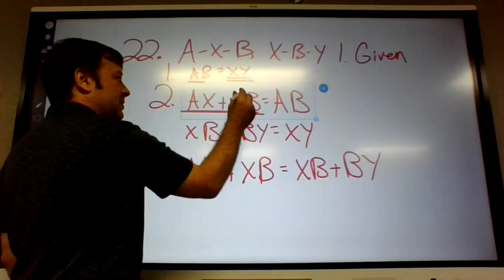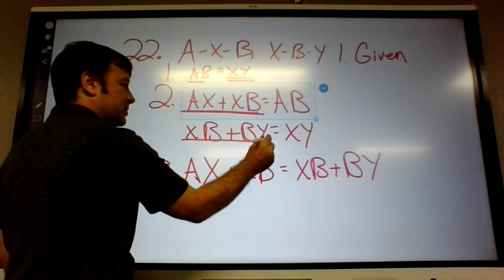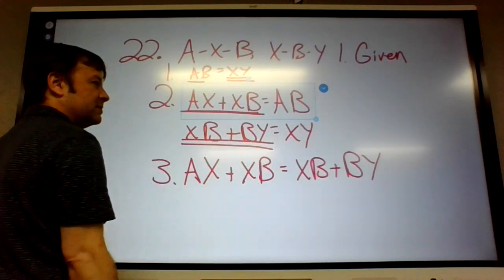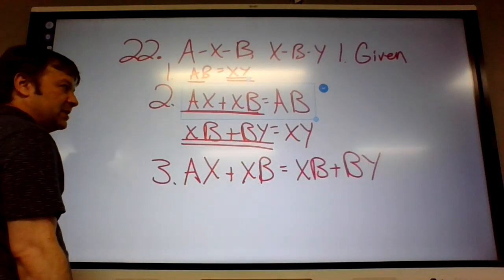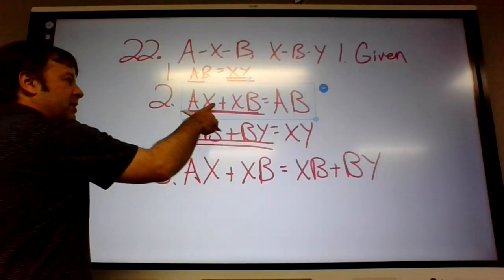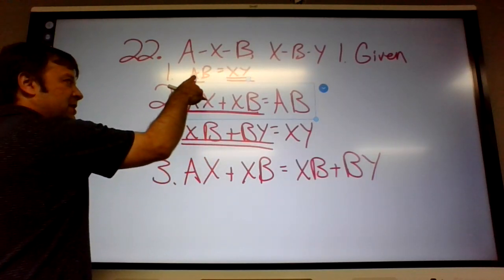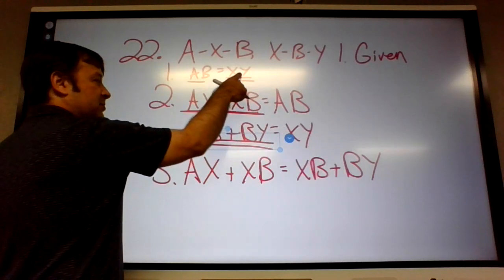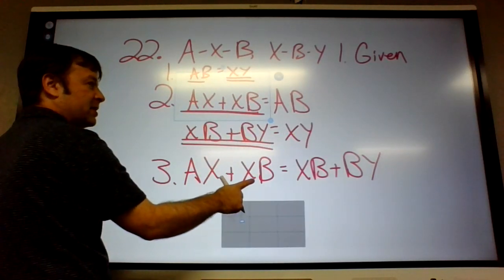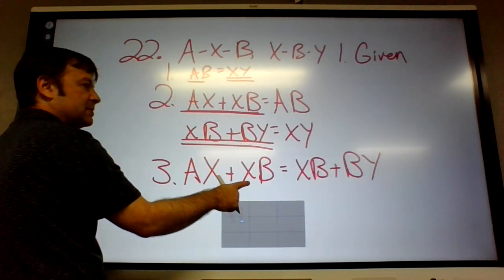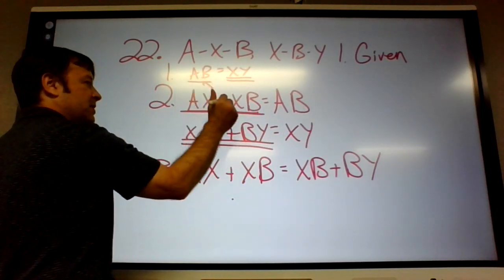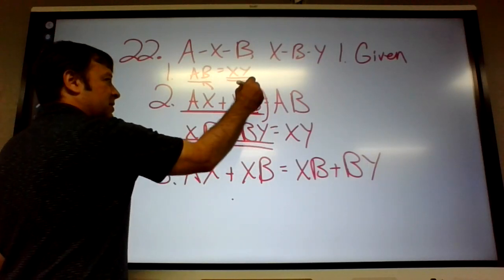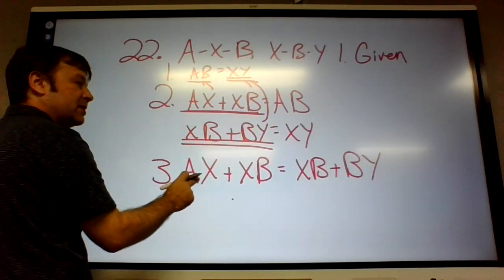And then XY, on line 2, we said it is equal to all this stuff. So this kind of goes here, replacing it. This replaces XY, and that's how they got this. You guys follow? This went here, this went here, and then they got this new line.